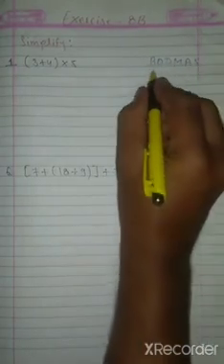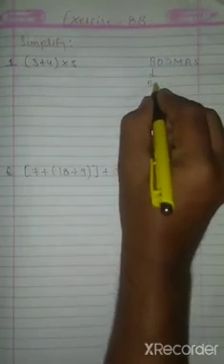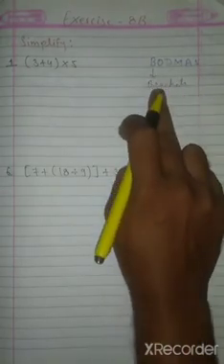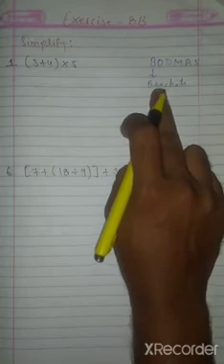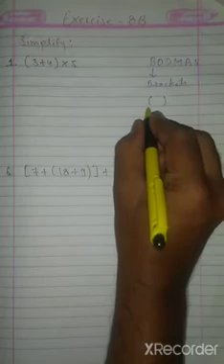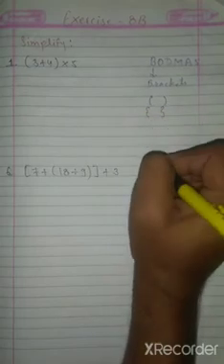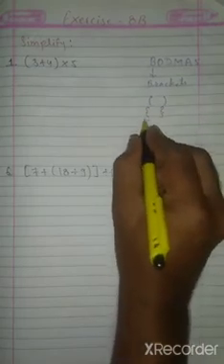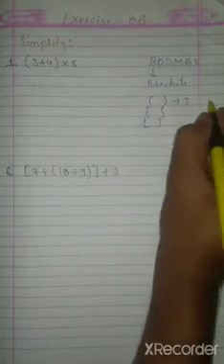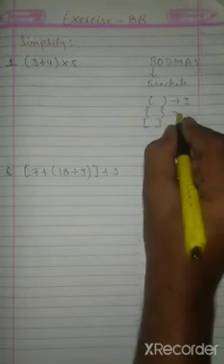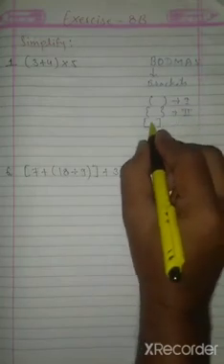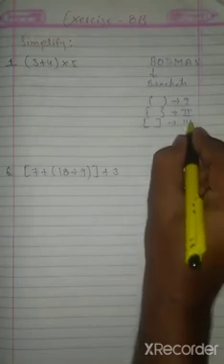Here B stands for brackets. There are three types of brackets. First is the round bracket, then the curly bracket, and last is the square bracket. First we will solve the round bracket, then the curly, and at the last we will solve the square bracket.